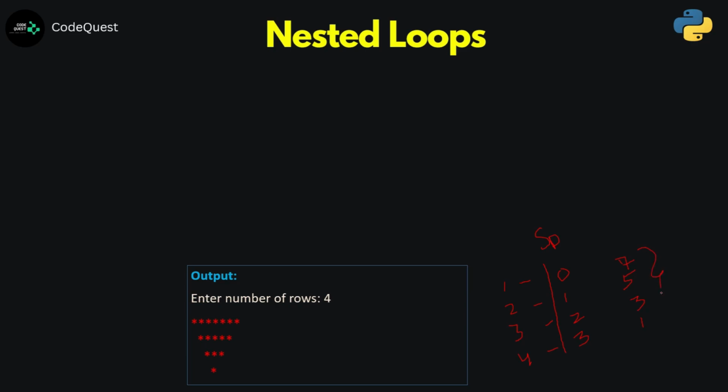Similarly, these are the number of asterisks that I require at each iteration. So for continuing with this number of rows, we will take one outer loop, and to print the spaces, we will take one inner loop, and for printing asterisks, we will take another inner loop.